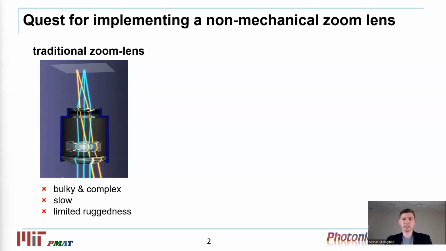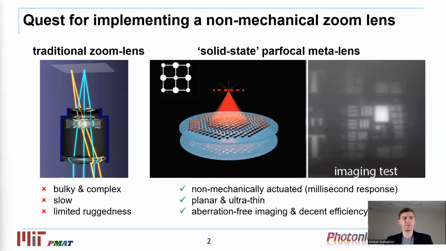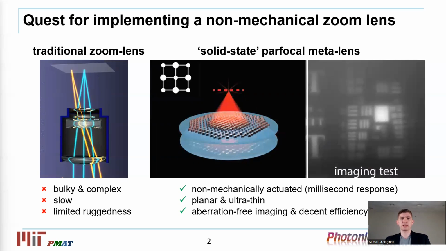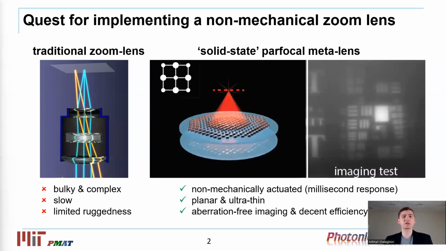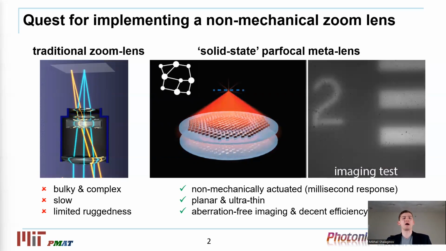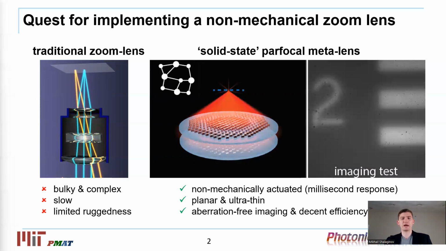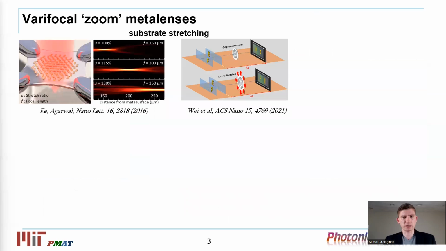So the zoom lens can actually be implemented by taking another route, using metasurfaces, which are flat optical components that can control phase, amplitude, polarization, and other properties of light. The metalens path will lead to zoom metalenses that are more compact, superior in performance, and without any mechanical parts.